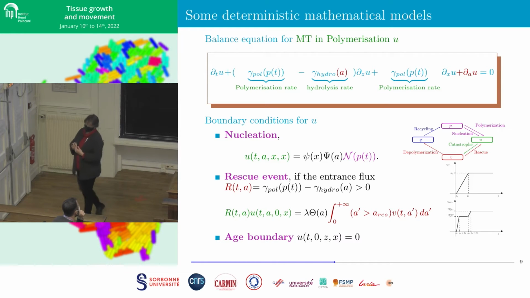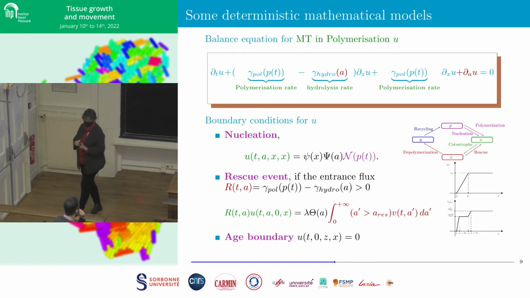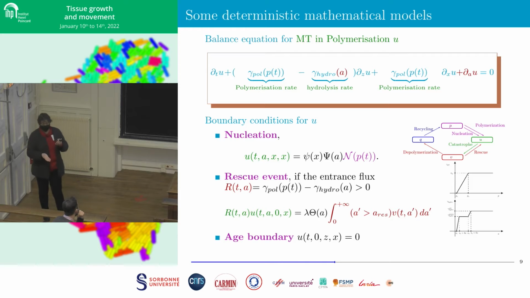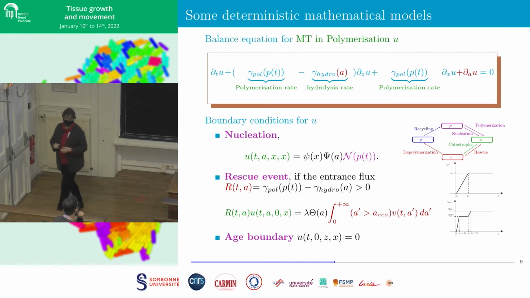So we take a function gamma pole that is 0 at the beginning, because if you don't have enough GTP, you cannot polymerize, and it saturates. It's linear then saturation. The last coefficient in the equation is the velocity of the cap, a balance between the polymerization speed and the hydrolysis speed. And the hydrolysis speed depends on the age of the microtubule.